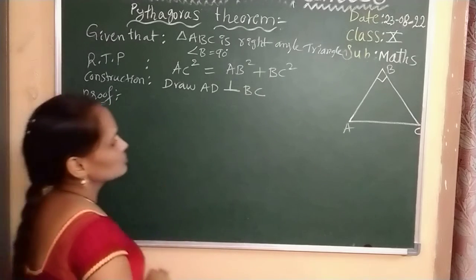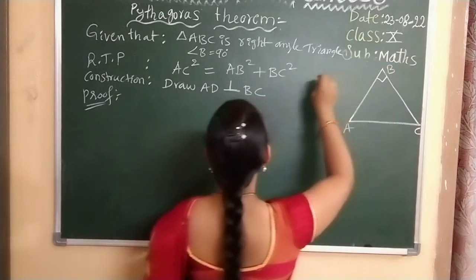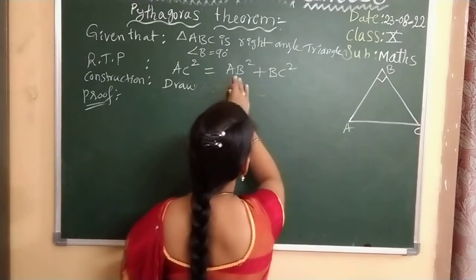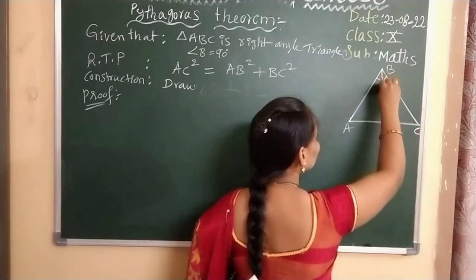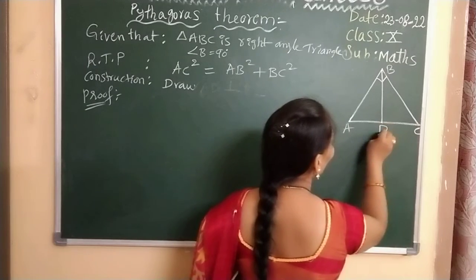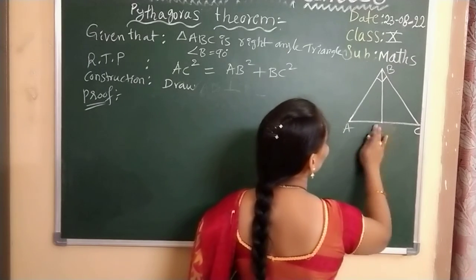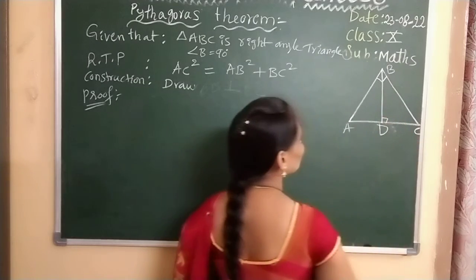And the construction. Just take the construction. BD is perpendicular to AC. So let us take point D here. This is D. Now this is also a right angle.